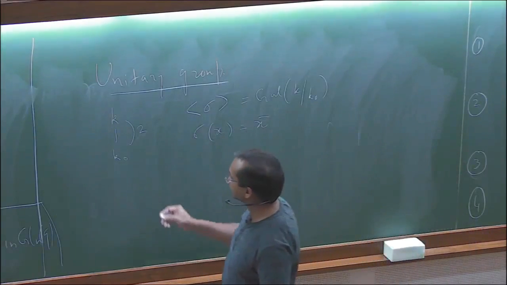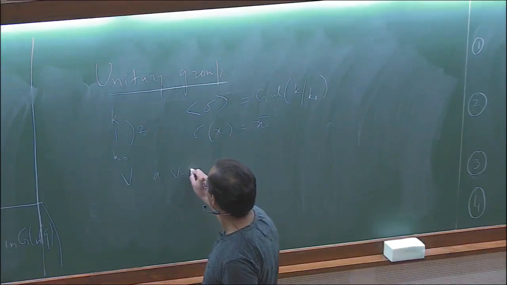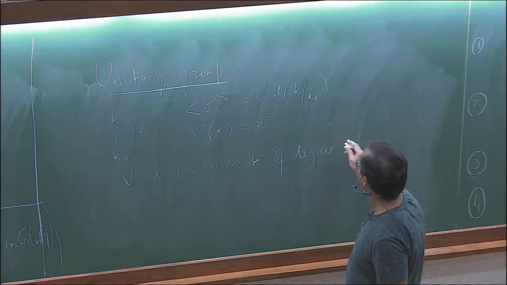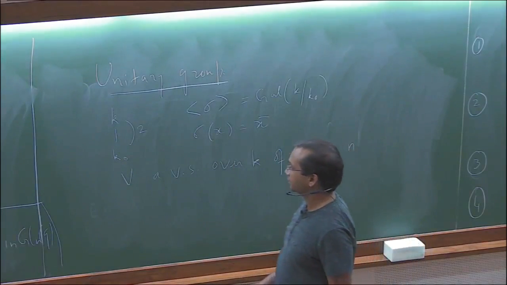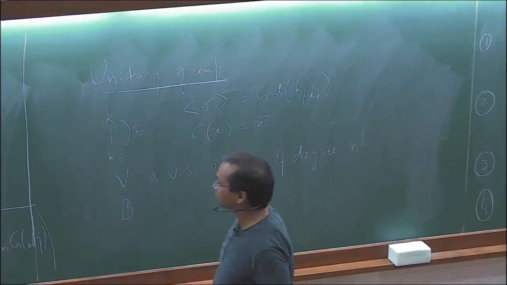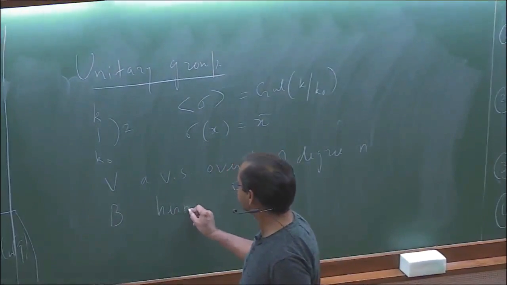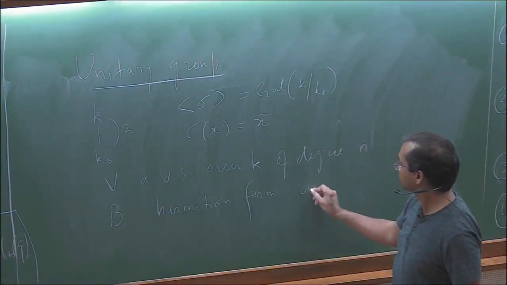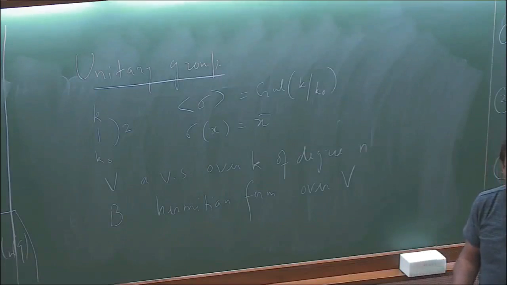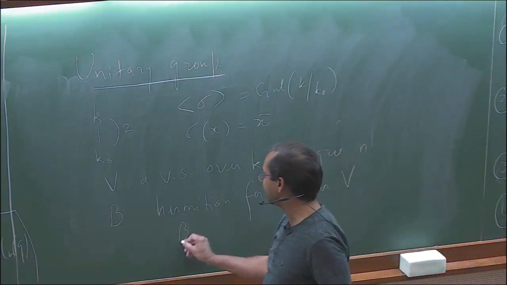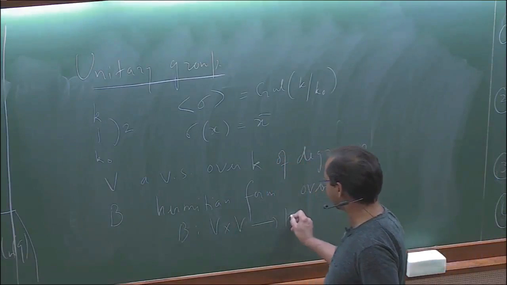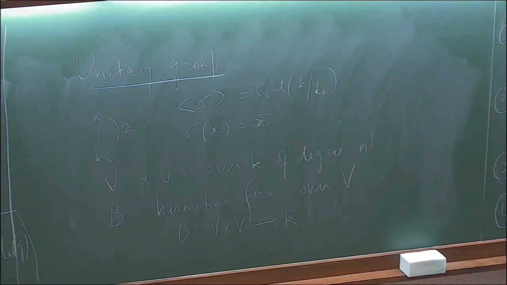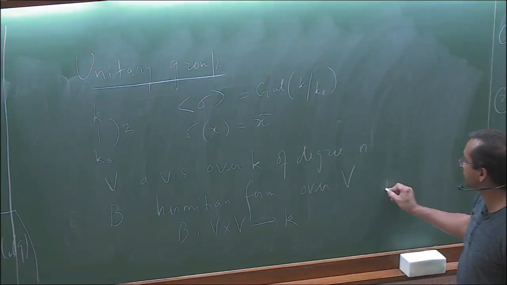And we have a vector space V over K of dimension n, and I have a Hermitian form B over V. A Hermitian form is basically a map from V cross V to K, which is linear in the first coordinate and bar-linear in the second coordinate. We'll also assume that this is non-degenerate.